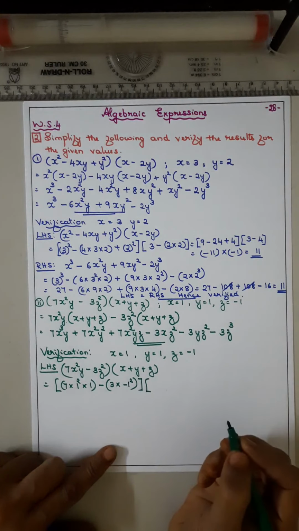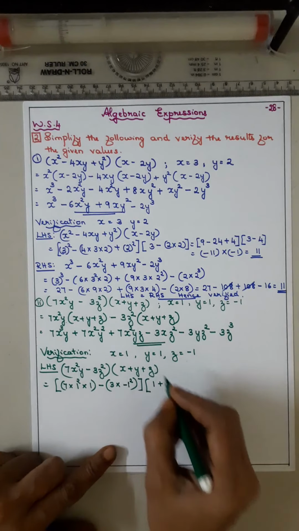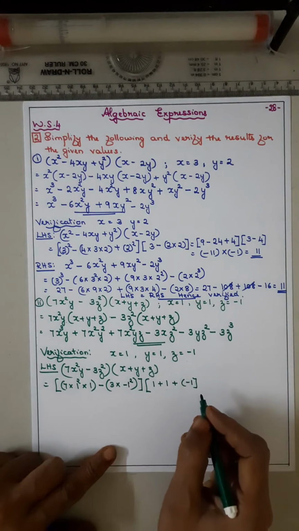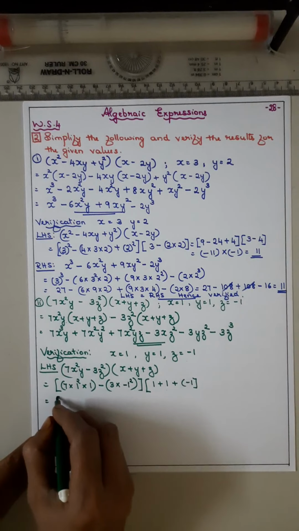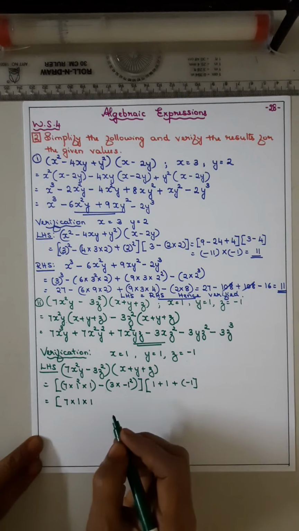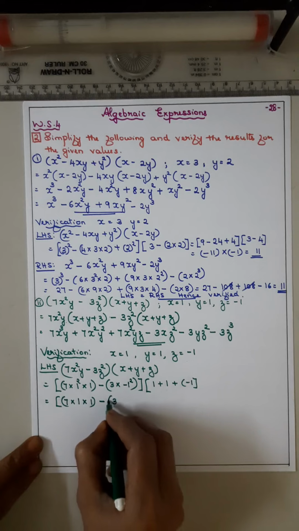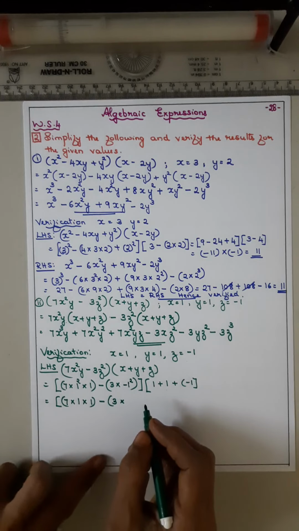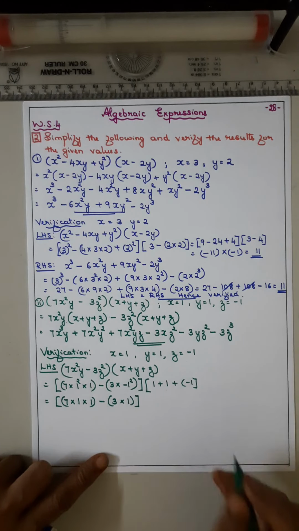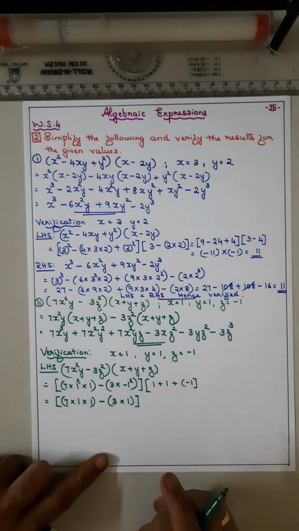Now again square bracket open. Now x is plus 1, y is plus 1, z is minus 1. Now it is 7, 1 squared is 1 and 1. Put it within the bracket, minus 3 into minus 1 squared becomes 1. Isn't it? Negative to the power of an even number becomes positive.